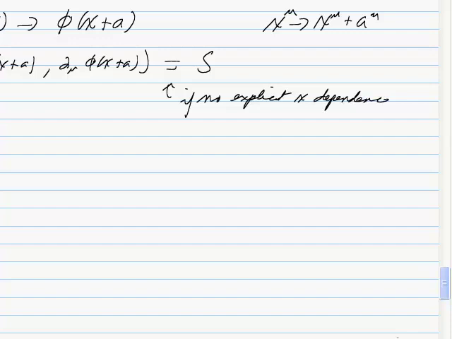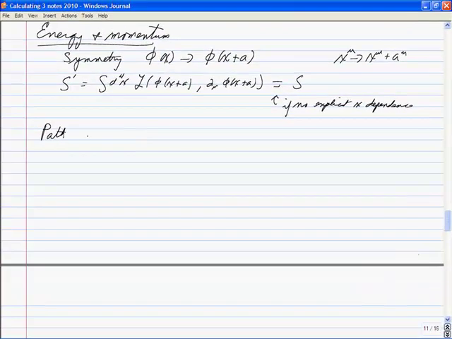And the pathway, as I said, I won't do it all as much, is the same. You write delta A mu as a function of x. Delta S is equal to 0 for any delta A mu.